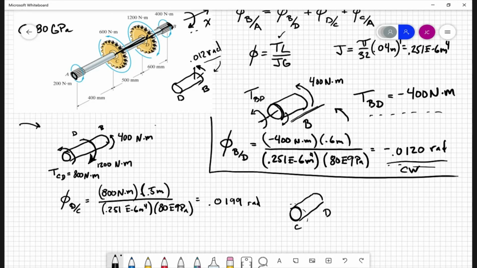So to balance that out, the internal torque at CD, this is one of the downsides of doing this stuff online. If I could use my hands, it would be a lot easier. But the internal torque in section CD is going to be as shown here. If you're looking down the x-axis from point B, it's going in the clockwise direction, okay?